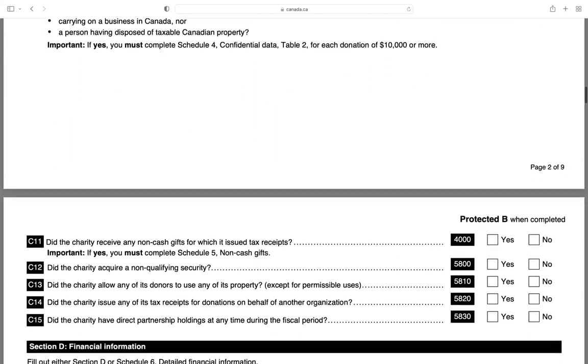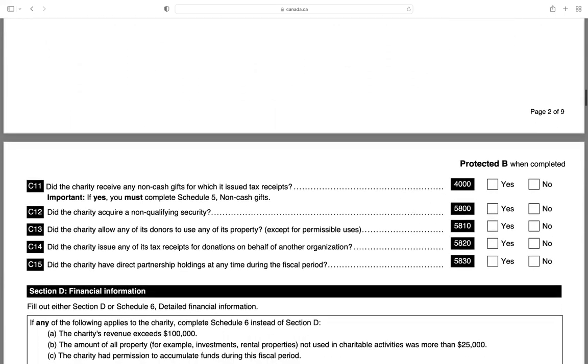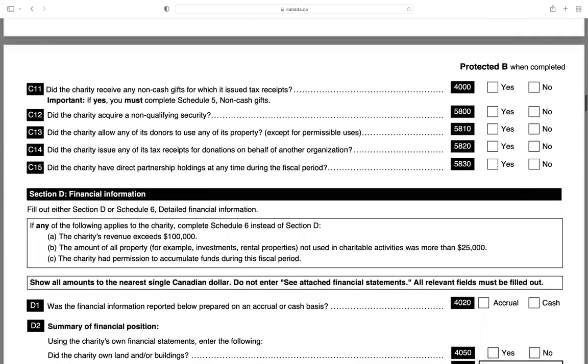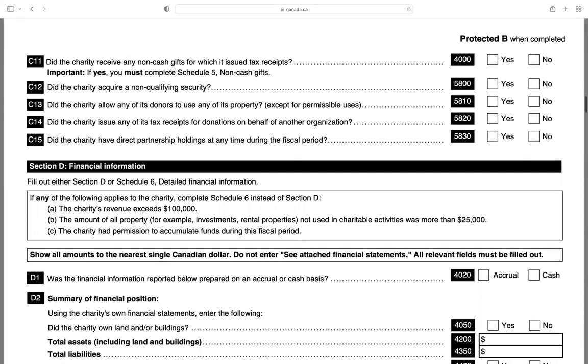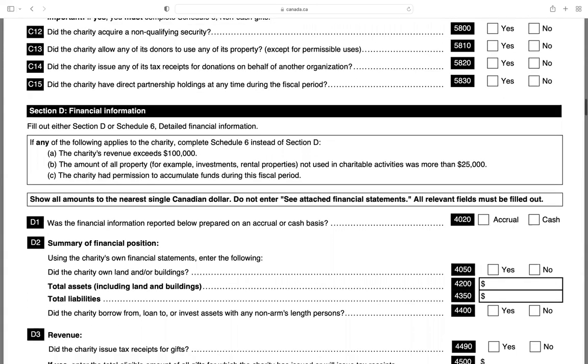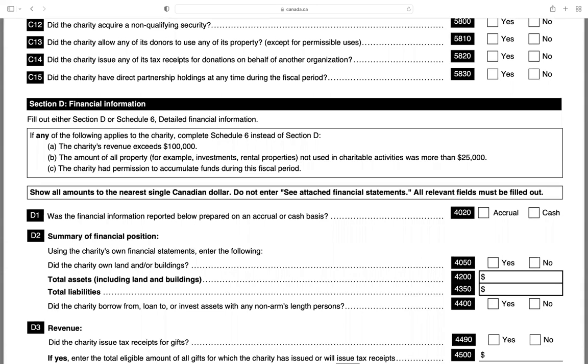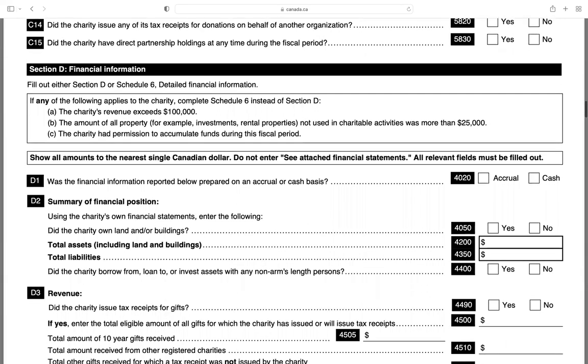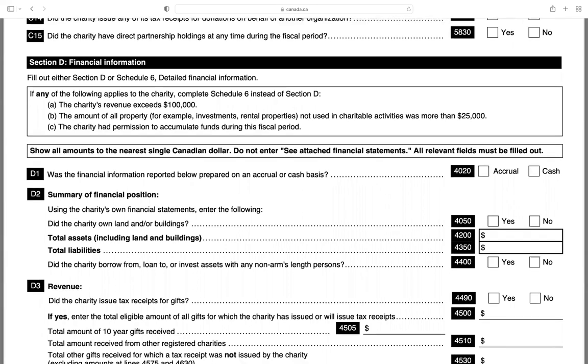Then C11, did the charity receive any non-cash gift for which it issued tax receipts? And did the charity acquire non-qualified securities? Or did the charity allow any of its donors to use any of its property? And did the charity issue any receipts for donations on behalf of another organization?